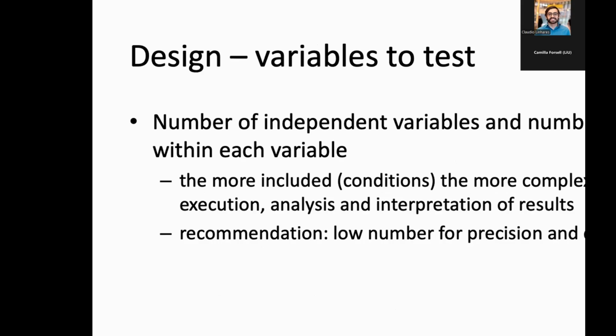Sometimes we tend to aim at doing a really big study at the beginning, right? We want to test many things at many levels, perhaps divide people into different groups, etc. But that creates a really complex design, and the recommendation there is a low number for precision and clarity.